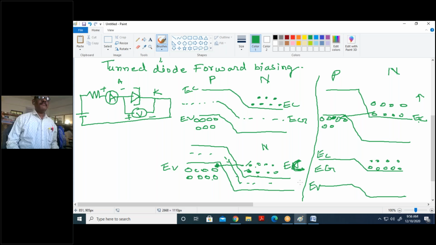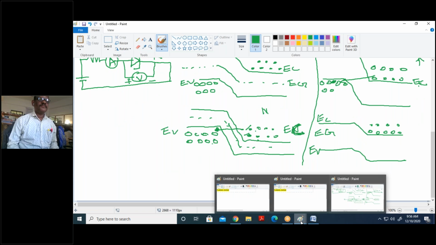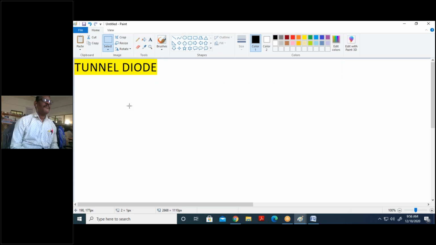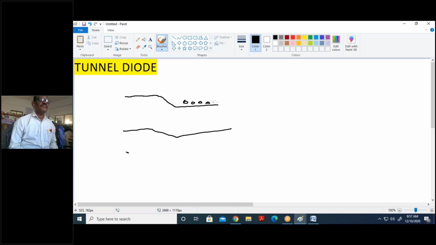After more than 0.7 volts, quite opposite of here, all valency band electrons jump into the conduction band of P layer, direct tunneling to conduction band.